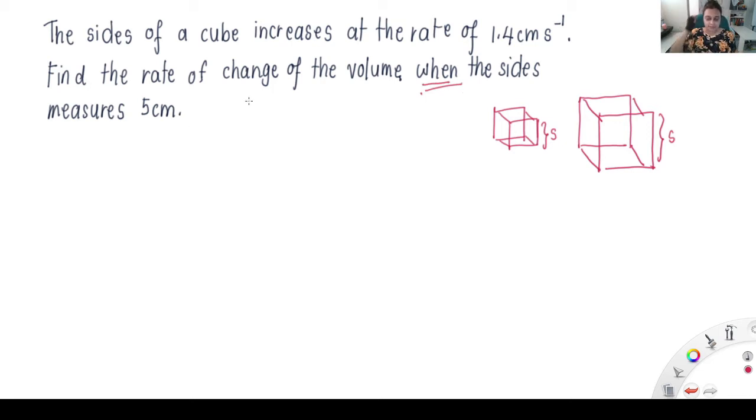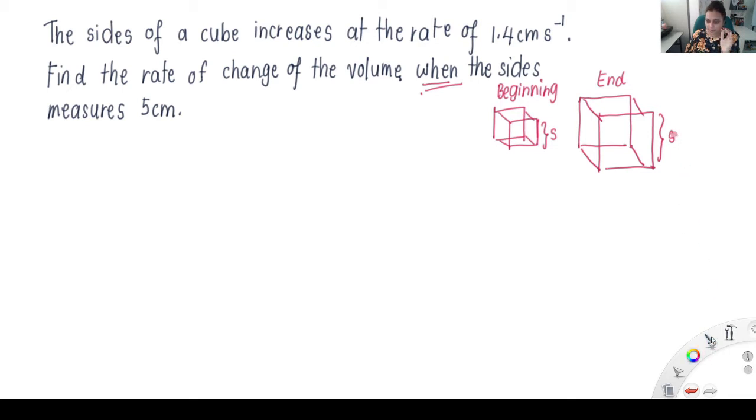Haven't reached 5 yet. So this is the beginning, and this is the end part, already after the increase. During the beginning, do we know how much the side measurement is? No, so we just write S first. The end one, do we know? Yes. What do we know for the end part? We know that it's 5.